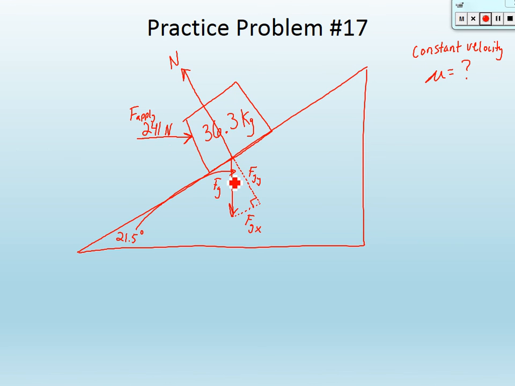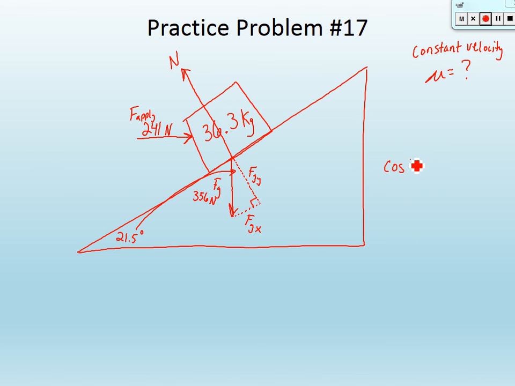Let's solve for the magnitudes of all of those forces first. Force of gravity, 36.3 times 9.8. Did you guys get 356? Yes, 356 newtons. If I'm going to solve for this adjacent side, I'm going to use cosine, right?